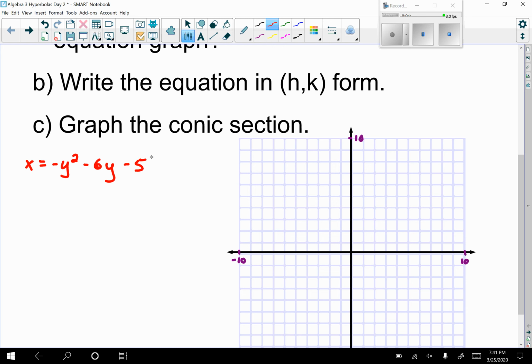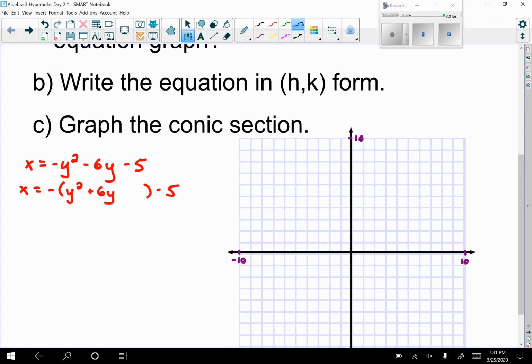So we want to complete the square. We're going to leave the x over here. I'm just going to show the completing the square, even though there's a couple other ways we can come up with this. I want to start out of the first 2 terms here. I want to factor out a negative, which will leave us with a positive y squared plus 6y. Leave a little bit of space here, then the minus 5.